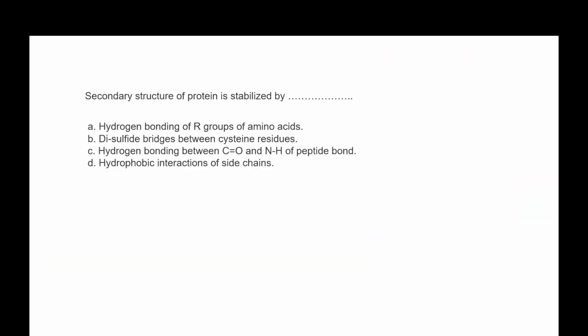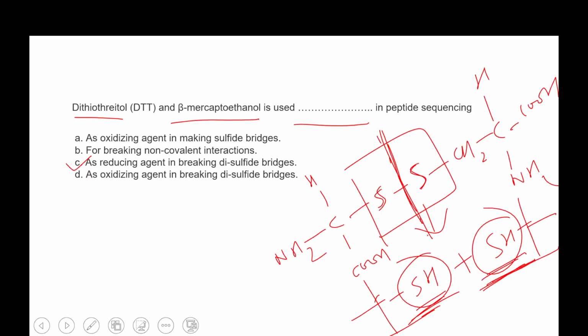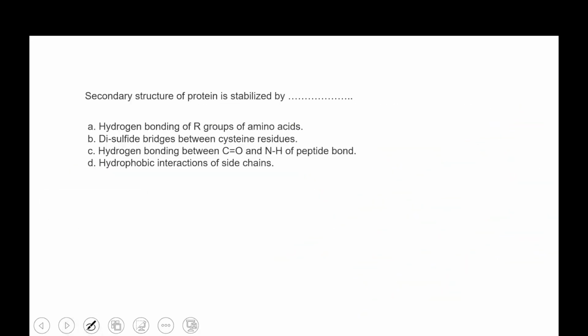So first is hydrogen bonding of R groups of amino acid. So in secondary structure, which kind of bonding will we see? Hydrophobic, electrostatic, hydrogen bonding? Which bonding is present? There are several types of bonds, right?